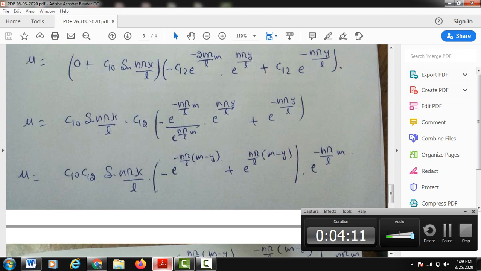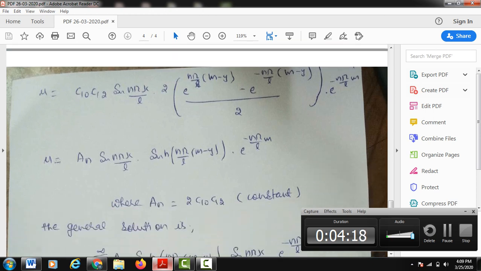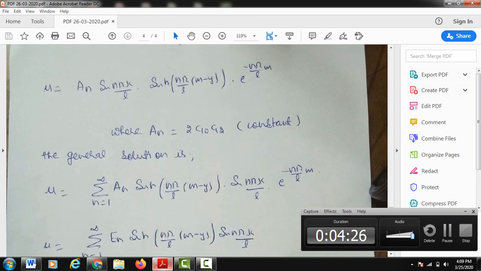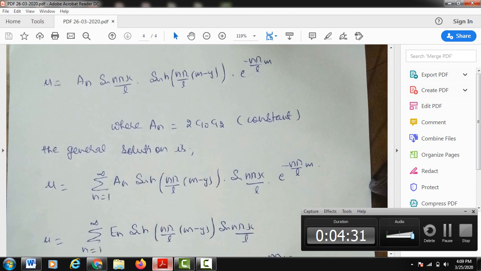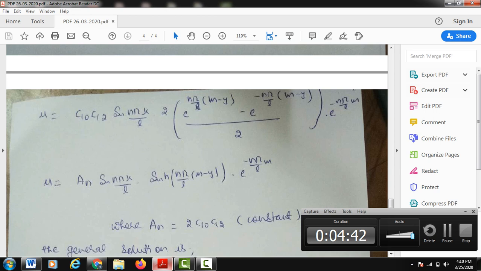After simplifying, you can see on the screen, after calculation you will get u as this one, and c10 c12 can be replaced with the constant an, including the factor 2. So the general solution will be given by putting the sigma sign. So u is sigma n varies from 1 to infinity an sinh of n pi (M minus y) over L, sin n pi x over L, e to the power minus n pi M over L. Here I am using sinh, which means the hyperbolic function.